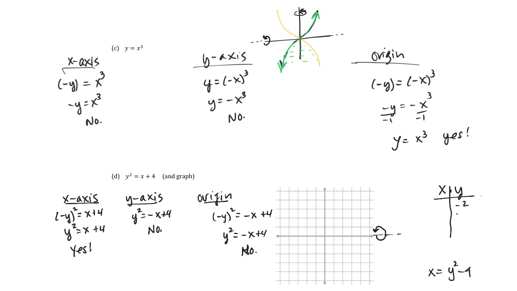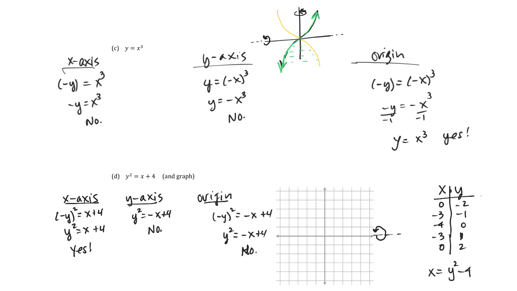How about -2, -1, 0, 1, and 2. Okay, so -2 squared is 4, 4 minus 4 is 0, -1 squared is 1, 1 minus 4 is -3, and 0 squared is 0, minus 4 is -4, 1 squared is 1, minus 4 is -3.